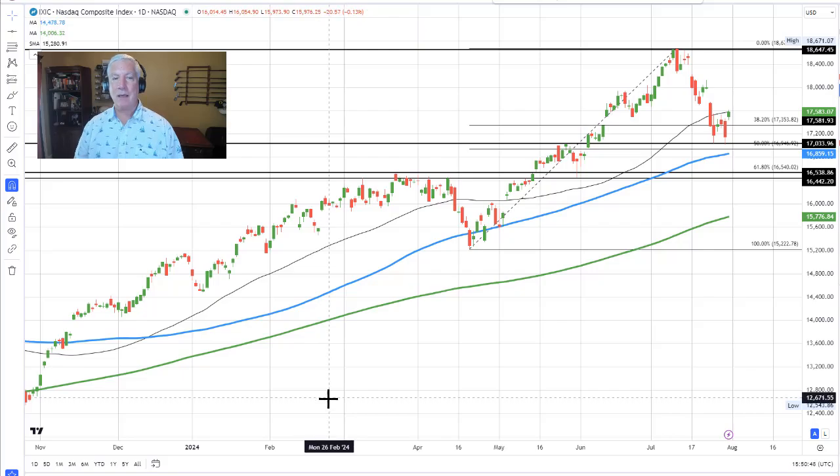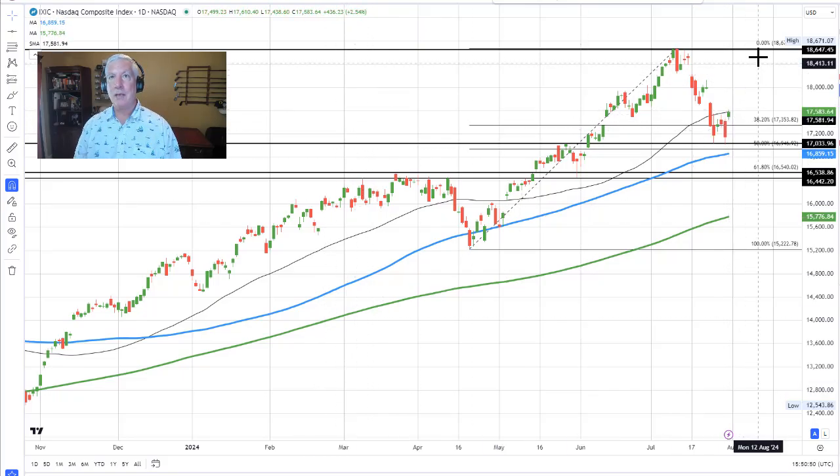It wants to let the event push the price either to the upside or to the downside, so that's going to be key. On the downside, if we do move lower, getting back below the 38.2% retracement of this last move to the upside would be a target on the downside. The low price today came in at 17,438, above that level at 17,353.